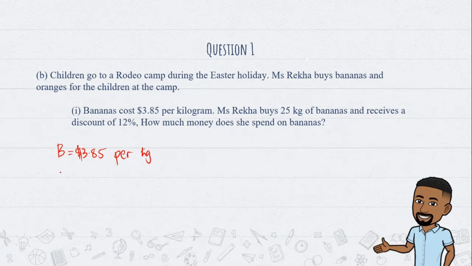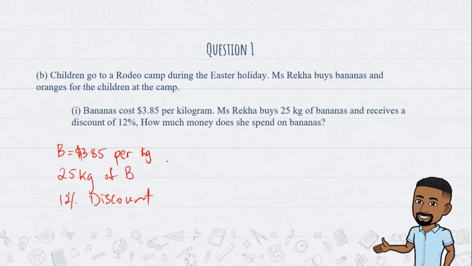So that's 25 kg of B. And the last bit of important information is that she received 12% discount. So she's not gonna pay the maximum cost of it, but she's getting a little less on it.